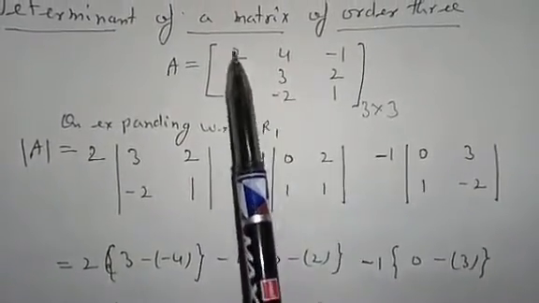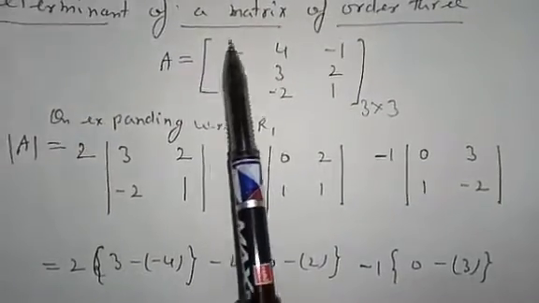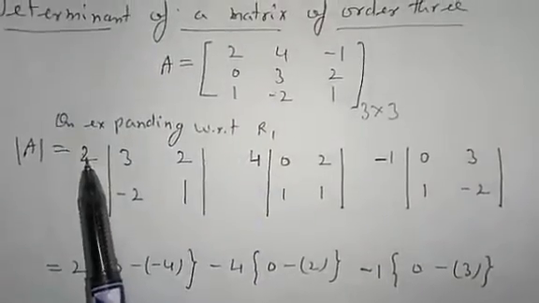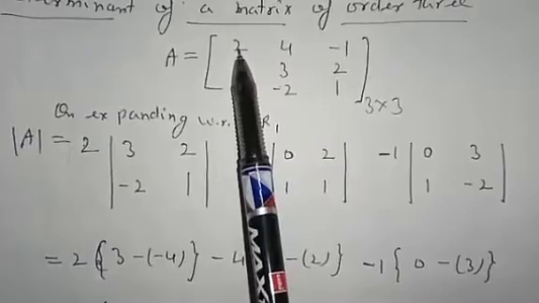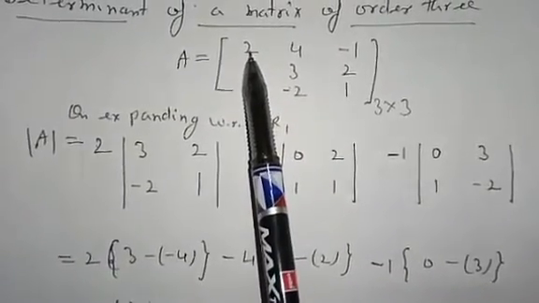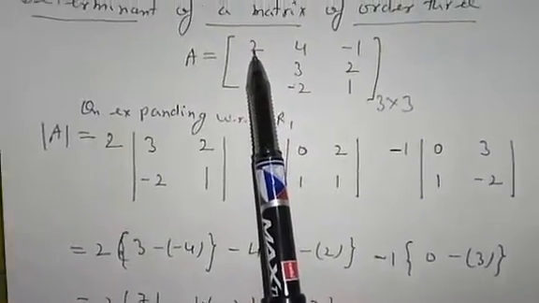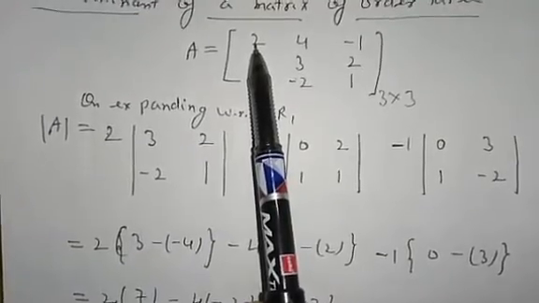For this purpose, first of all, take elements of the first row. The first element is 2, take 2. If the position of the element is even, then the sign remains the same. If the position of the element is odd, then we change its sign.